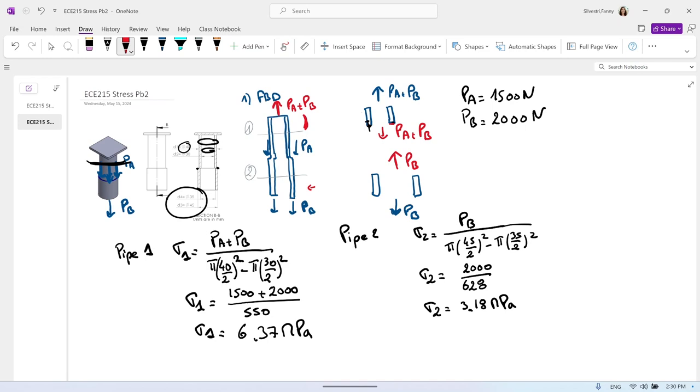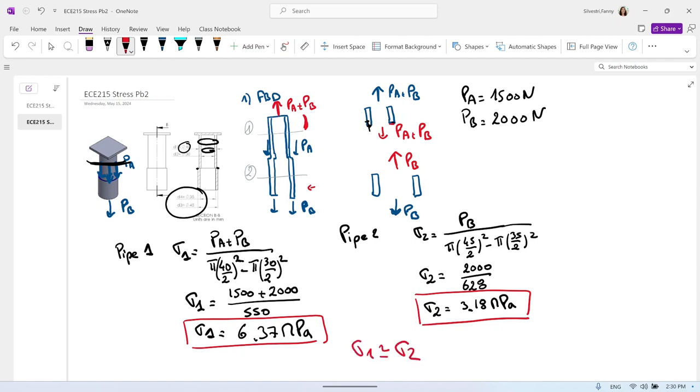You see the stresses in the pipe are very different. What do you think about that? Does that make sense? It makes sense because the pipe number 2 is submitted to a lower load and also is larger. So in this case, we want to have the sigma about the same.